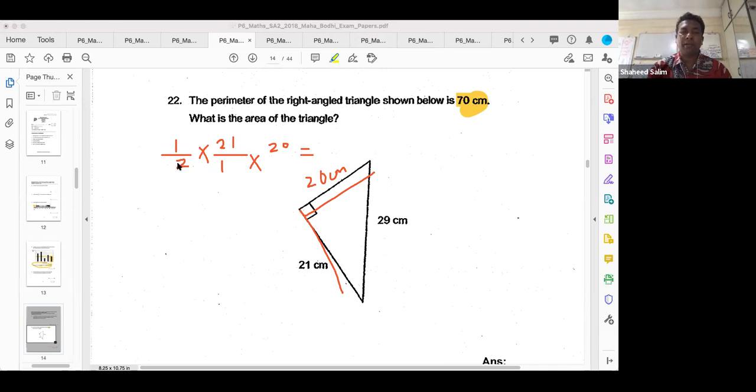How to do it fast? Divide by 2, you get 1. Divide by 2, you get 10. 21 times 20 times 10 is 210 square cm. Done. Those of you who used 29, the base and height must meet at 90 degrees. Remember that.